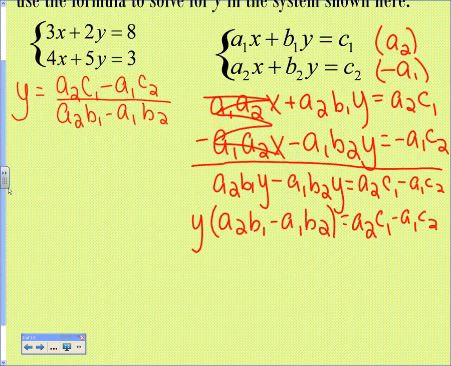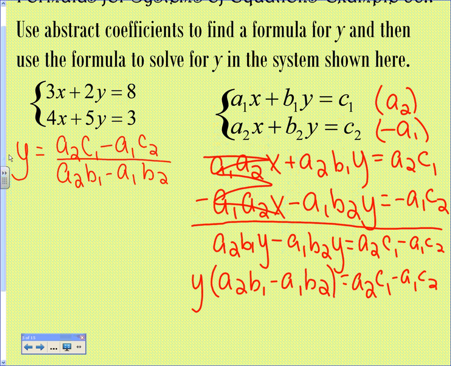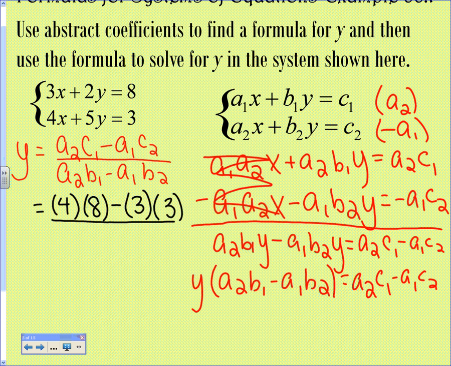Okay. So A2. Which one of these is my A2? C1. What is my C1? This was A1, B1. That's our C1, the 8. Minus, what is my A1? 3. What is my C2? It is also 3. What is my A2? What is my B1? What is my A1?